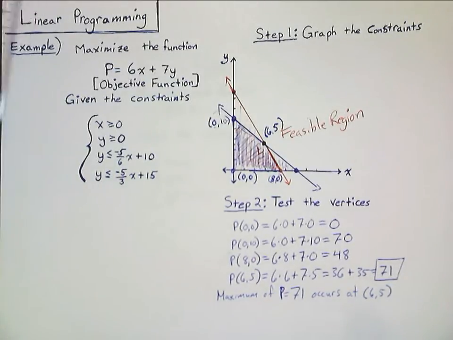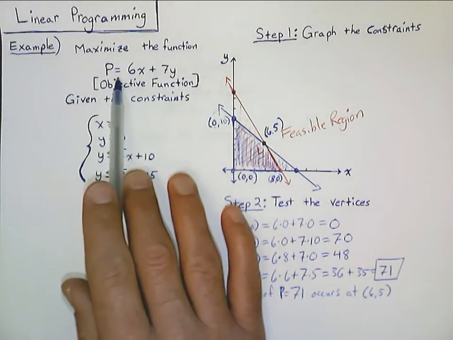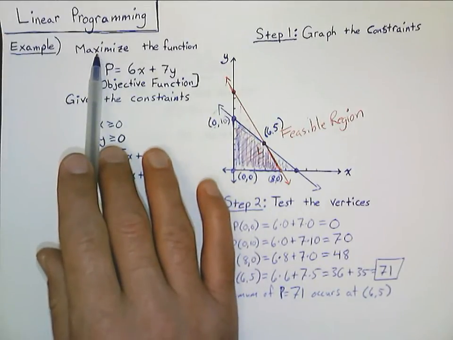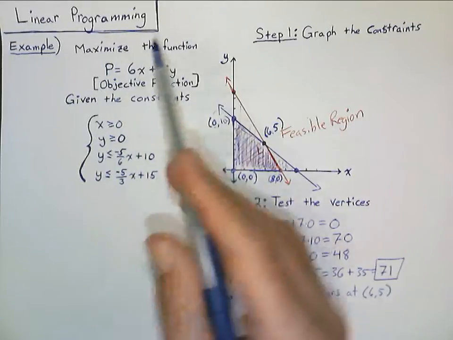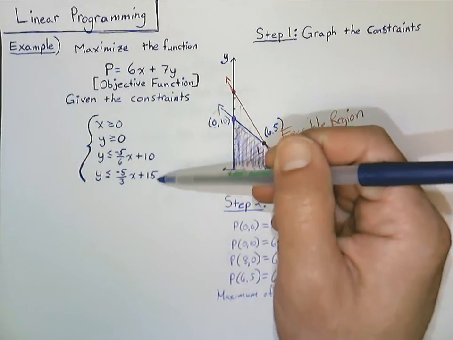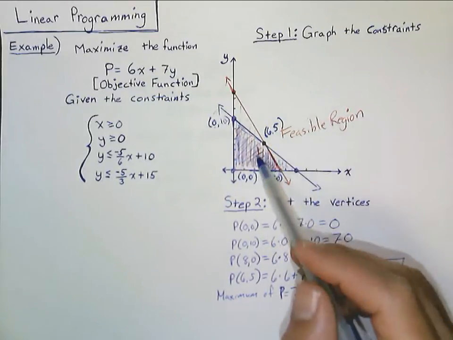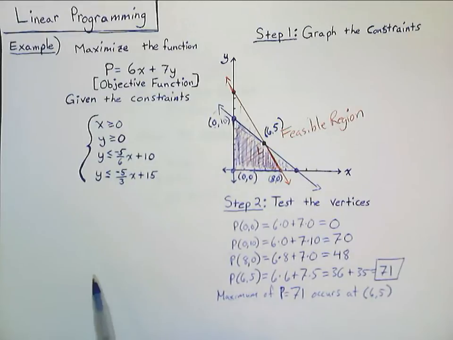Okay? So that's how we apply linear programming. Now we're going to need to see this in some context, see how it works in so-called real-life situations, but that's the basic idea. You're given a function that you want to optimize. You either want to find the maximum value or the minimum value. It'll still work either way. We're given a set of constraints. These constraints give us a feasible region. We find the feasible region just by graphing the constraints.